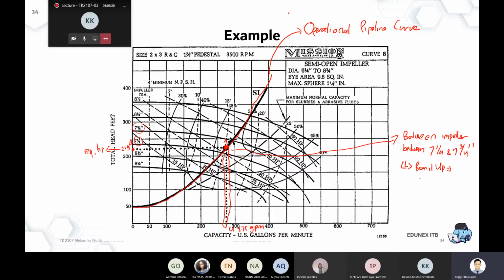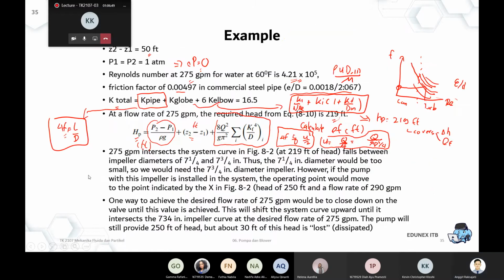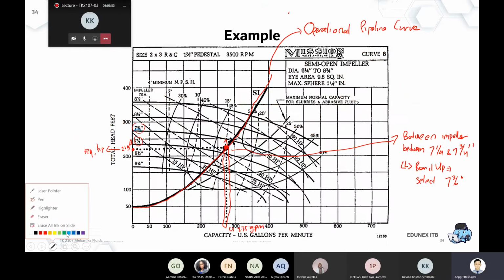That means now you select the 7¾ inch impeller. Okay, but the problem, if it's not controlled, if it's not choked, is that you will have a higher head generated. Why? So now this is your pump curve at the selected impeller diameter. That's your selected impeller.